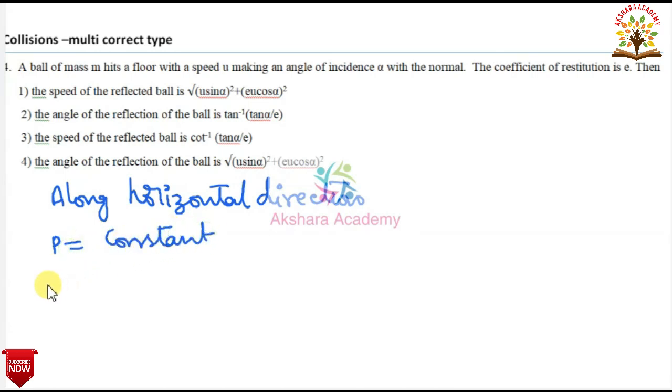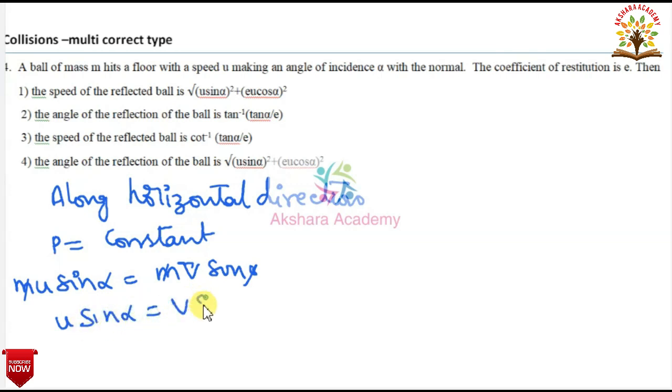P means linear momentum. So m u sine alpha is equal to m v sine phi. The m cancels. u sine alpha is equal to v sine phi. This is equation number 1.